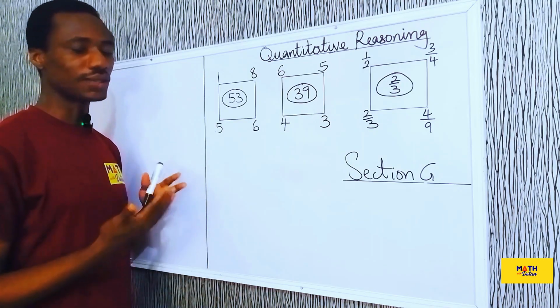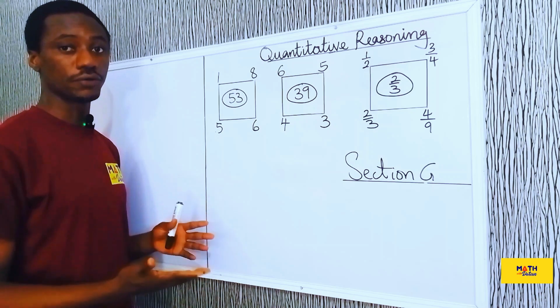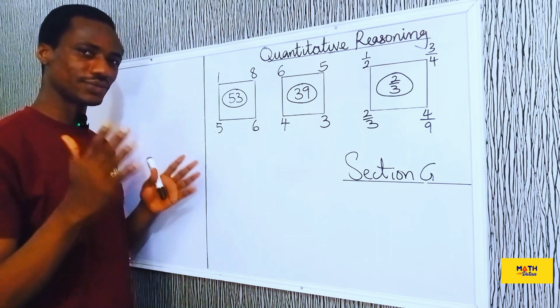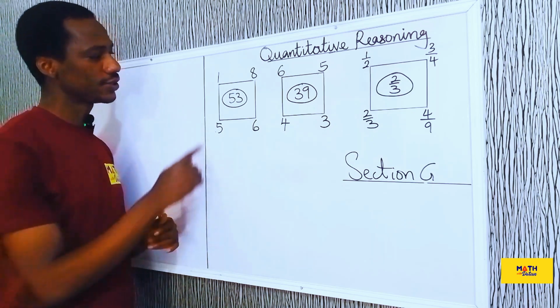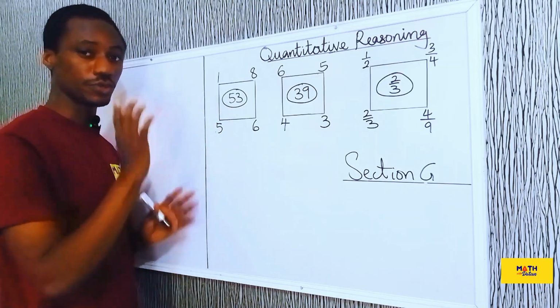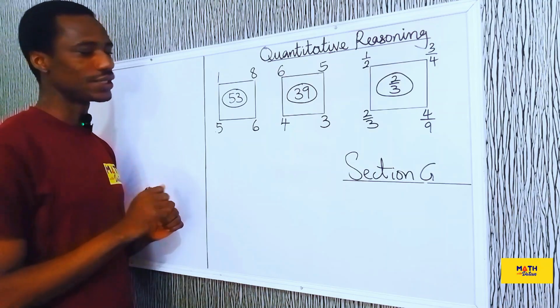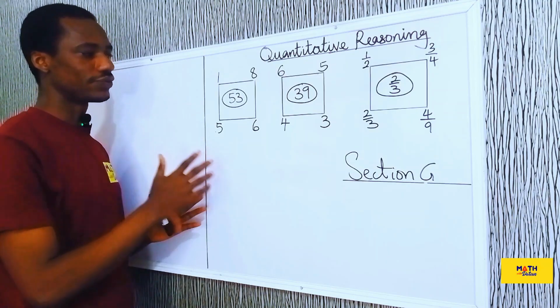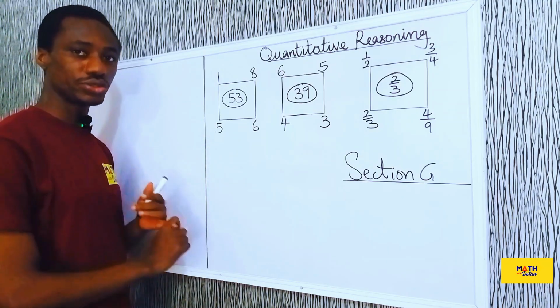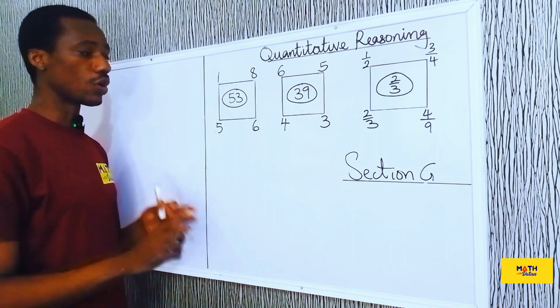I believe you should know your multiplication table from 2 to 12, and from that range you can't find 53 anywhere. So this is not the result of a multiplication. That's very important to understand. It means either an addition or a subtraction is involved.